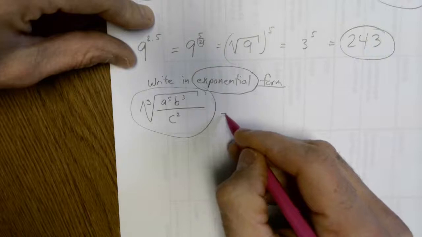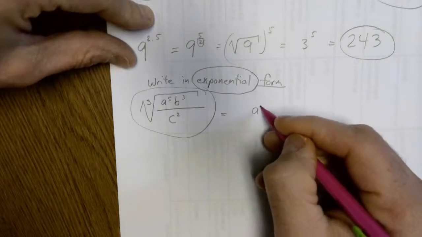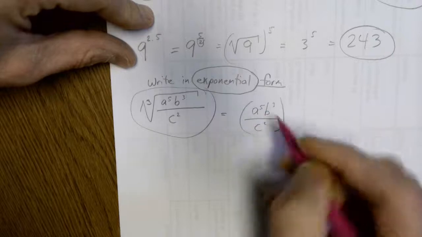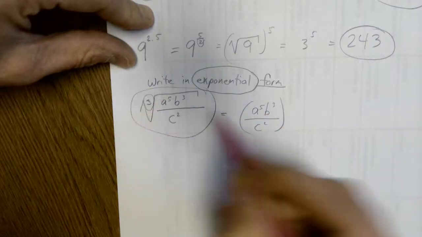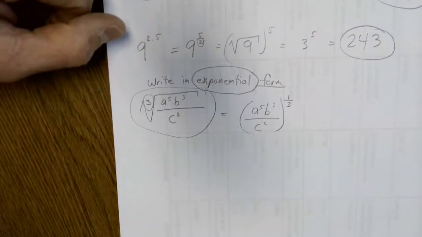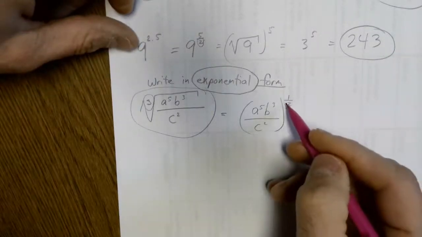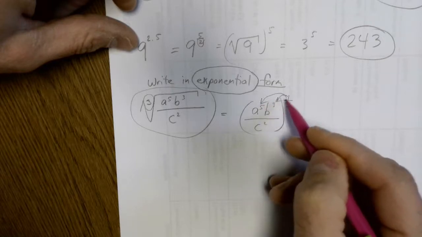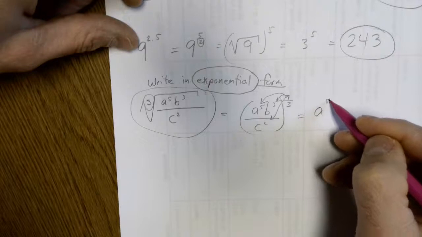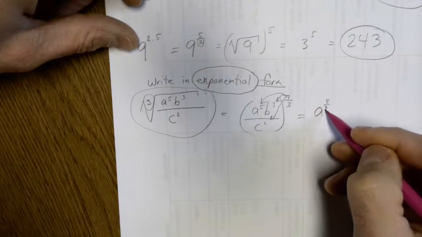Okay, here's how we'll do it. We're going to take the inside of the radical, rewrite it, and we're just going to change the root to an exponent fraction. So we have that to the 3rd. Then we're just going to work it through into each piece. So we have a 5 times 1/3, 5/3.